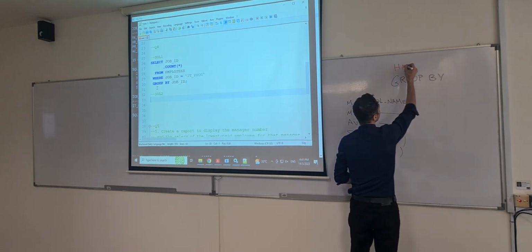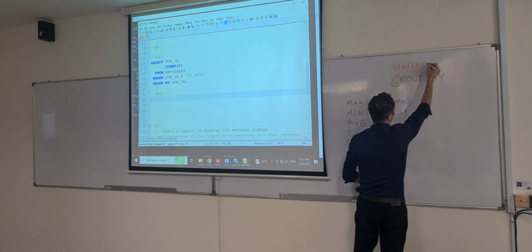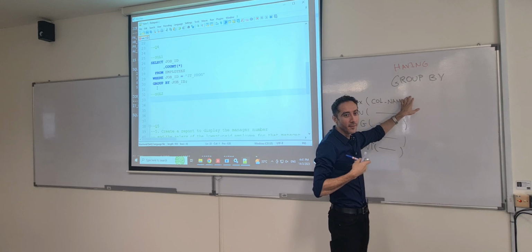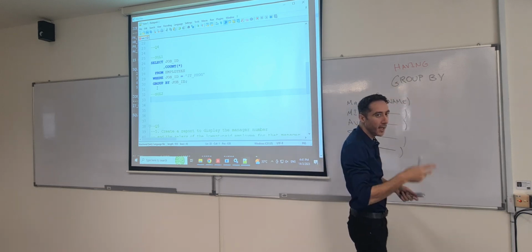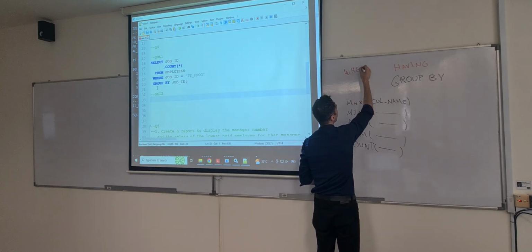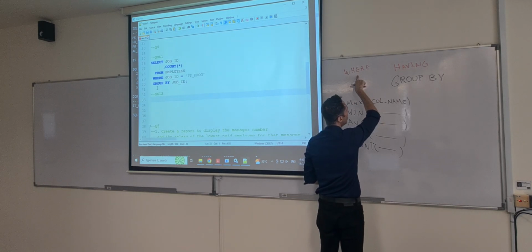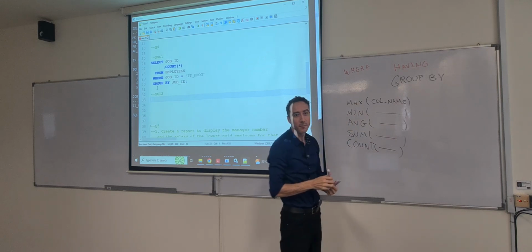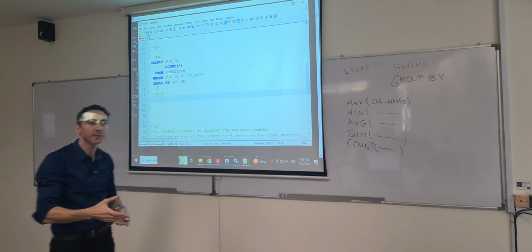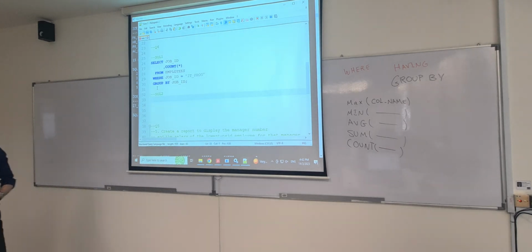Not having breakfast or having lunch, but having with group by. Okay, so there's a difference. We know where clause. This is one, and now we have a new one, having. Each one is different in usage, but they serve the same purpose of filtering out records.